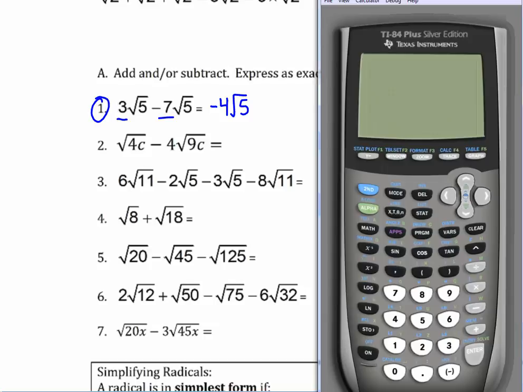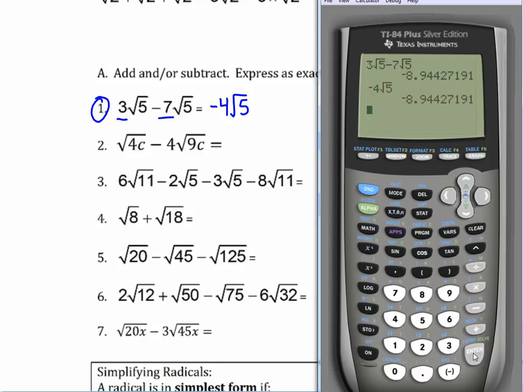Calculators are tools to check your work or solve complicated problems. That's what they're there for, okay? They're not there to be a crutch, but they are there to help you. So 3 root 5 minus 7 root 5, and then negative 4 root 5, they should give me the exact same decimal, and they do.